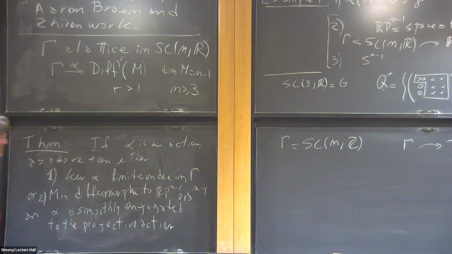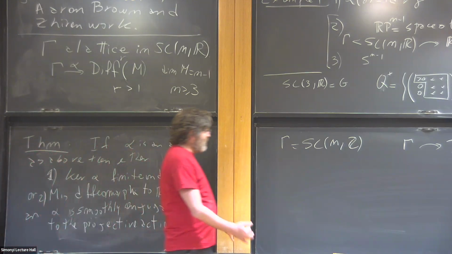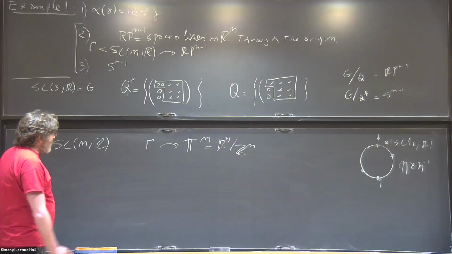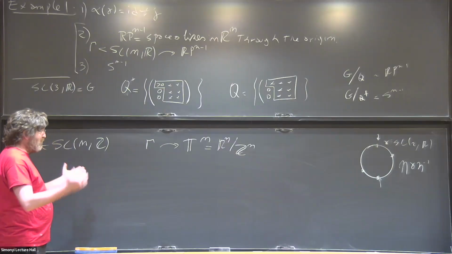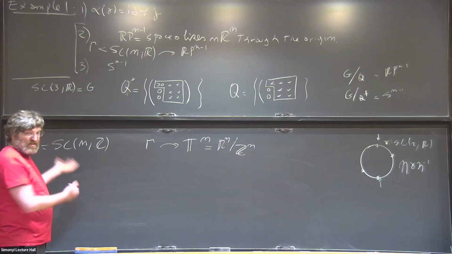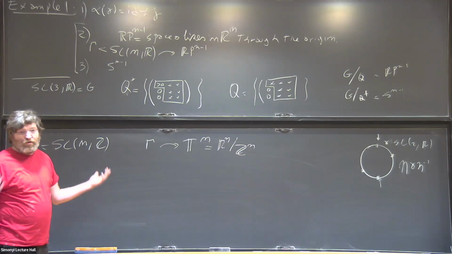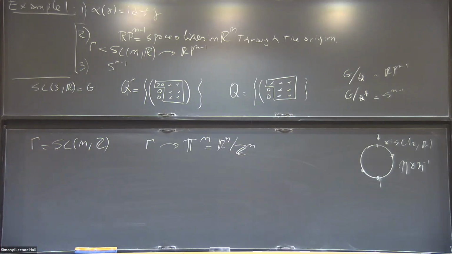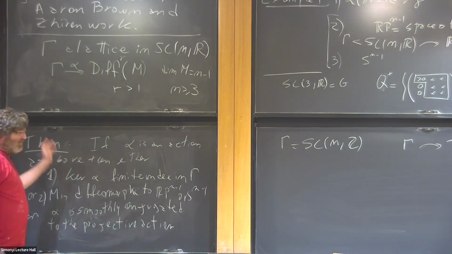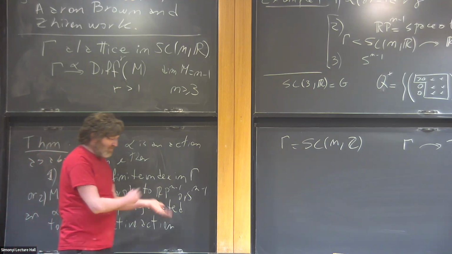After a while, we did two things. One is we said, okay, let's assume that the action is volume preserving. Why not? People study just volume preserving actions. And still we got stuck because we started making a lot of analysis.